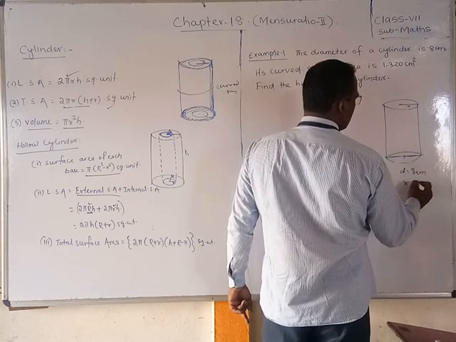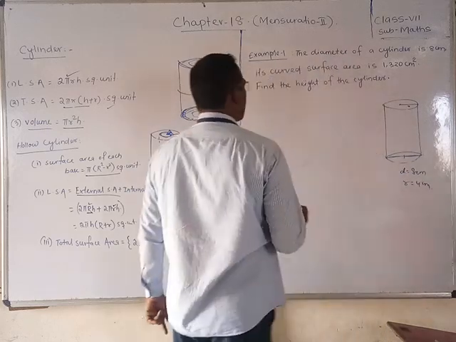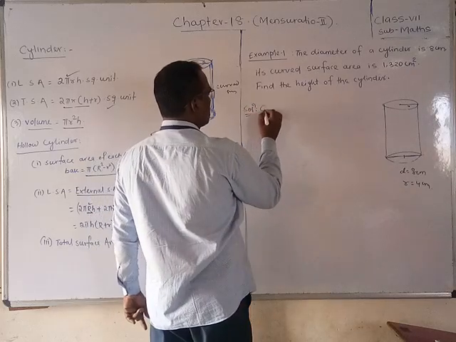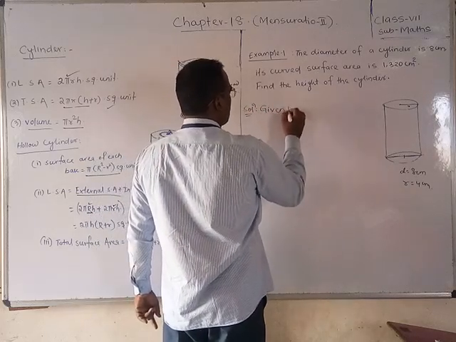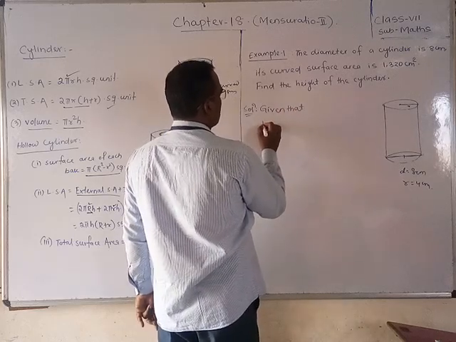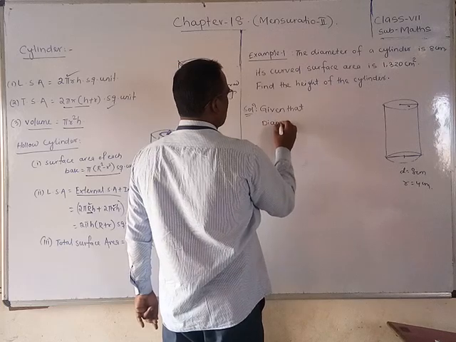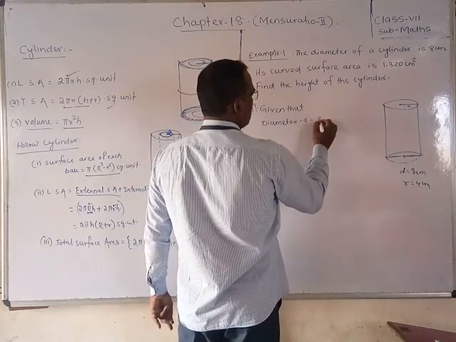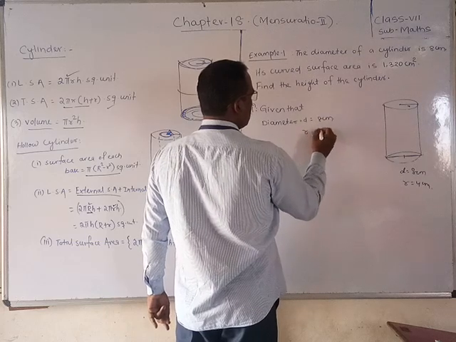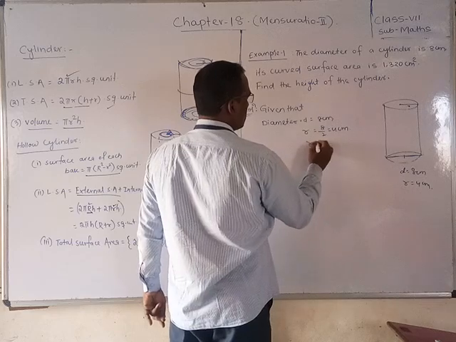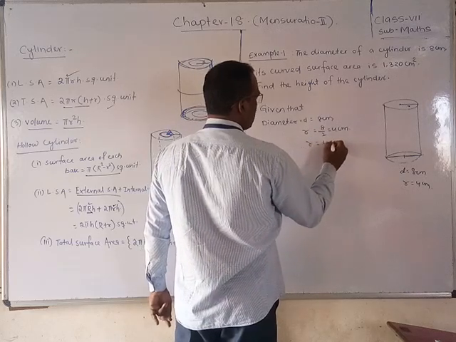Hence the radius is 4 cm. So we can write the solution. Given that diameter D is equal to 8 centimeter, hence radius is 8 by 2, equal to 4 centimeter. Hence radius R is equal to 4 centimeter.